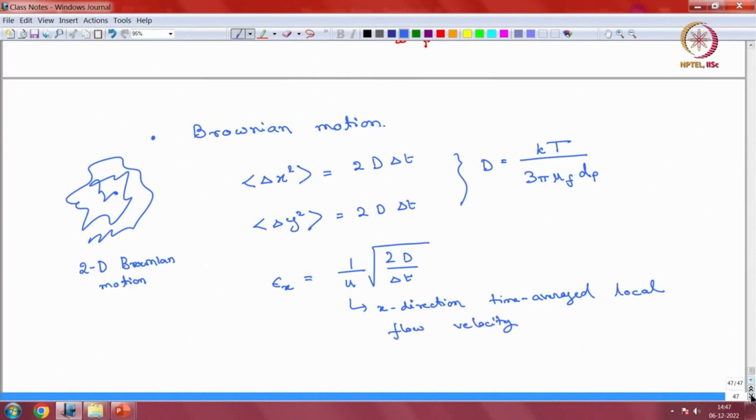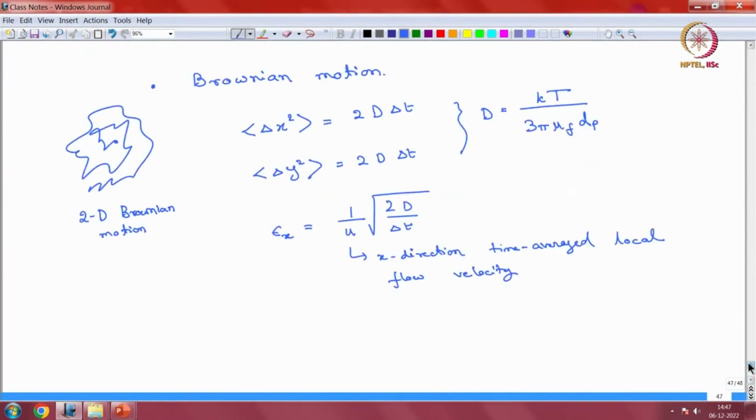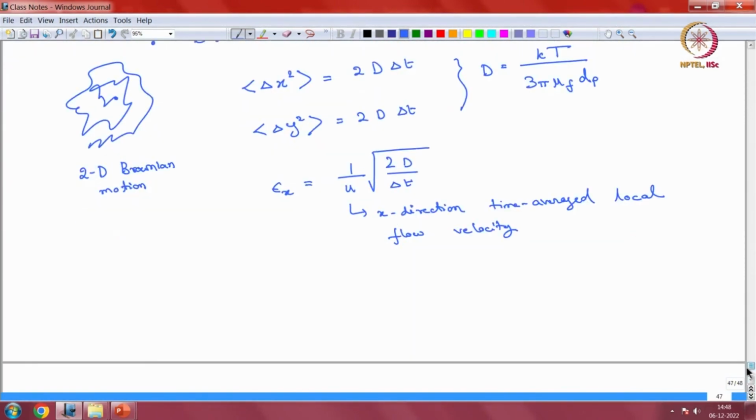Since Brownian motion cannot be wished away, you can only estimate the error because of that. And what you will notice is that this error goes down as delta t goes up.